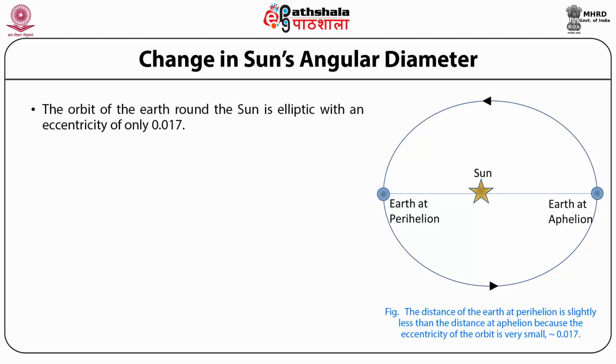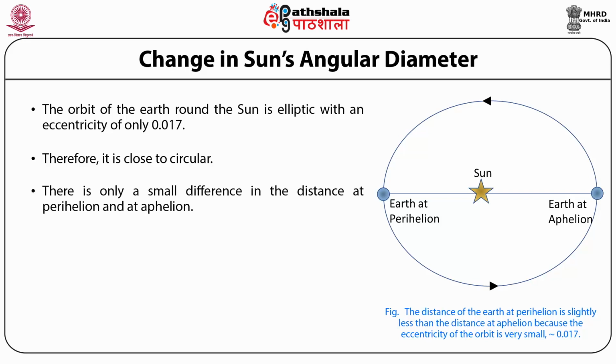The orbit of the Earth round the Sun is elliptic with an eccentricity of only 0.017. Therefore, it is close to circular. There is only a small difference in the distance at perihelion and aphelion.